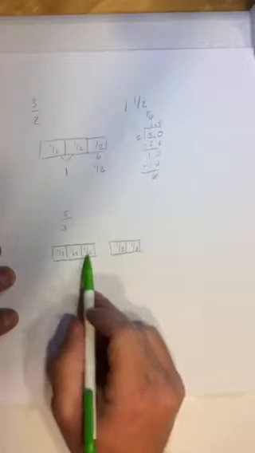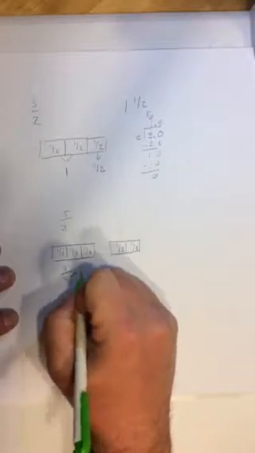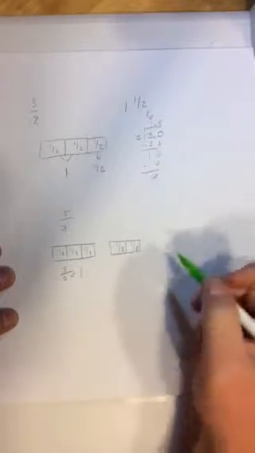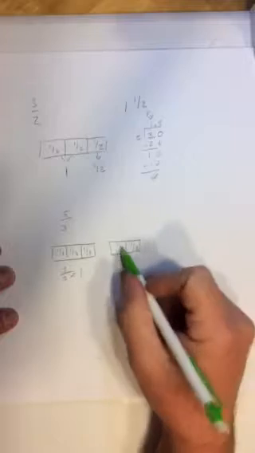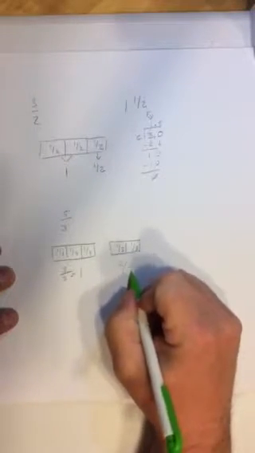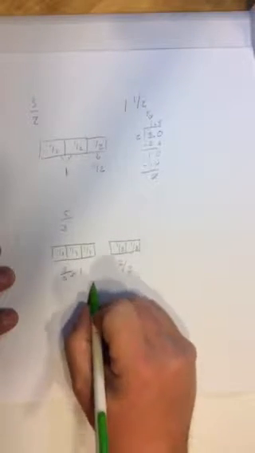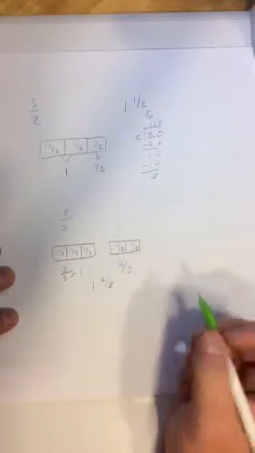Well, if I have 1 out of 3 pieces here, 2 out of 3 pieces, 3 out of 3 pieces, 3 out of 3 is a whole. Okay? Now, I also have 1 out of 3 pieces and 2 out of 3 pieces more. Okay? So I have 2 out of 3. If you combine these together, you have 1 and 2/3. All right?